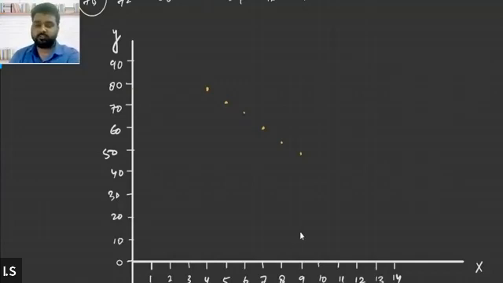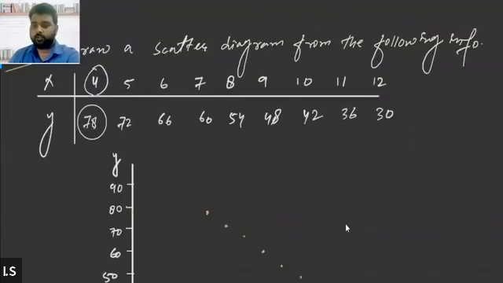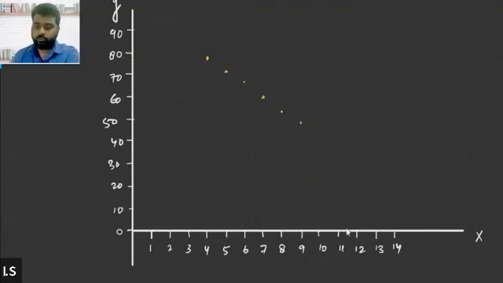I hope that when this kind of question is asked in the examination, they will provide you the graph paper to solve this question. Okay, sir. 9 and 48, then 10 and 42.